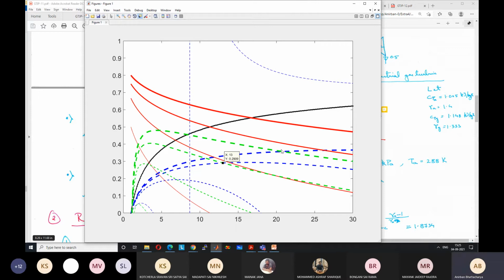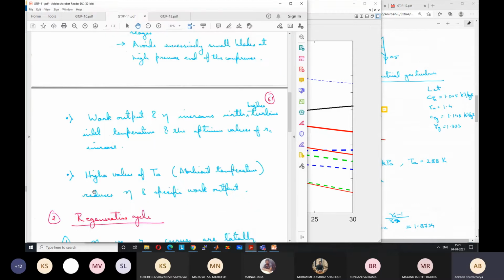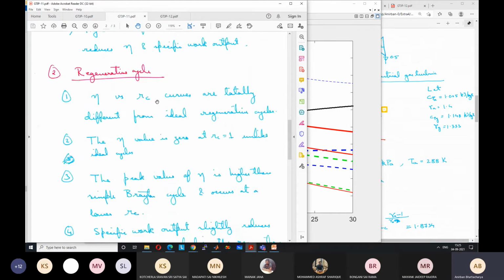Similarly, for T equal to 5, we find the crossover around 20 or 21. After that, the simple cycle is more efficient. Before that, the regenerative cycle is more efficient. And there is a peak value which occurs at a very low compression ratio. So for the real regenerative cycle, the eta versus pressure ratio curves are totally different from the ideal regenerative cycle.